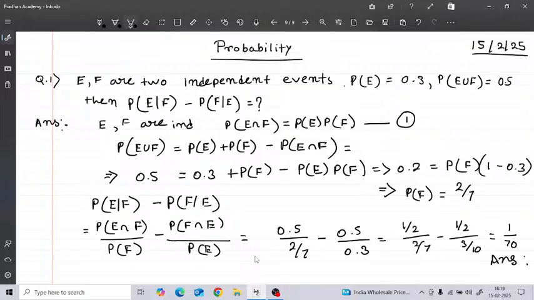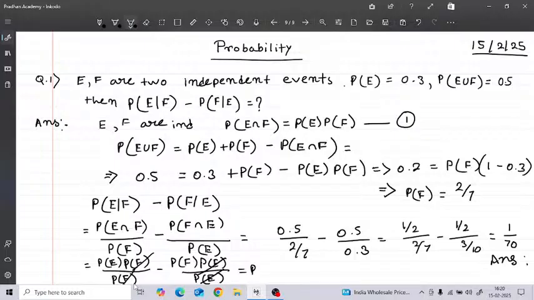Also we can easily solve this, as these two events are independent. Probability of E intersection F can be written as probability of E into probability of F, minus probability of F into probability of E, divided by probability of E. So this will be cancelled out.